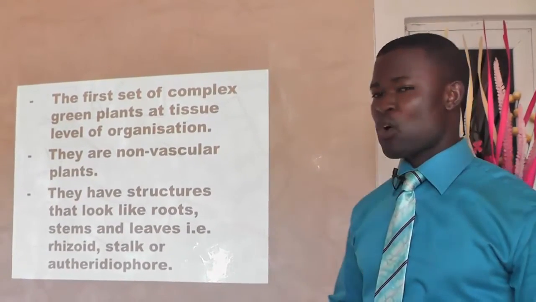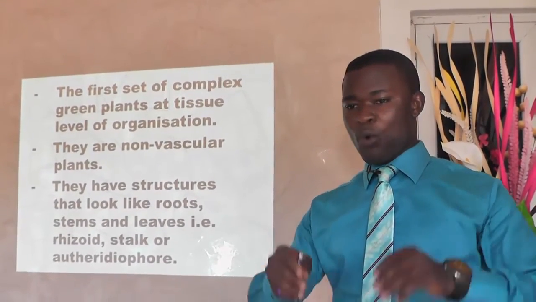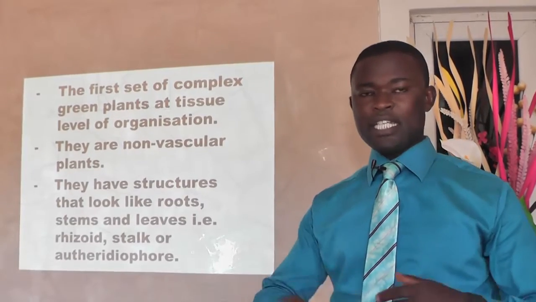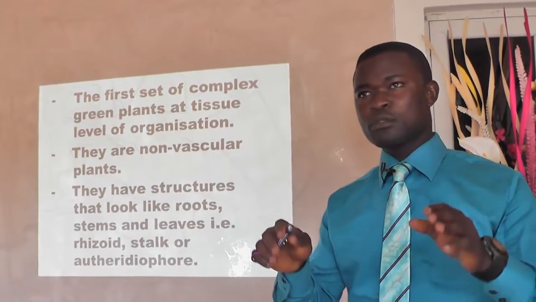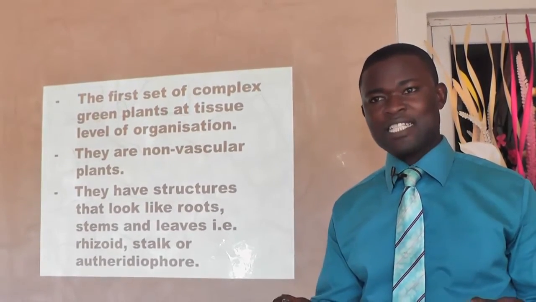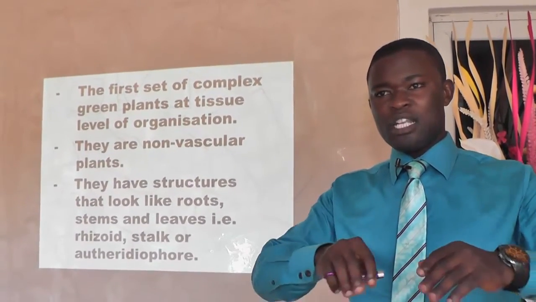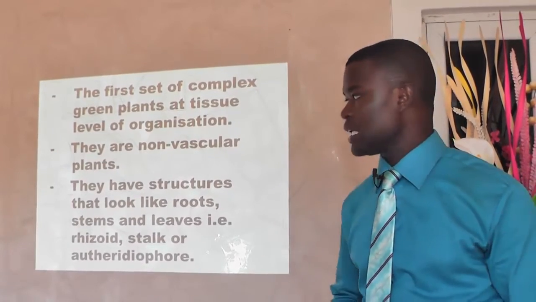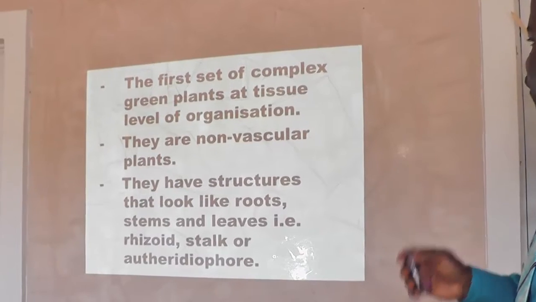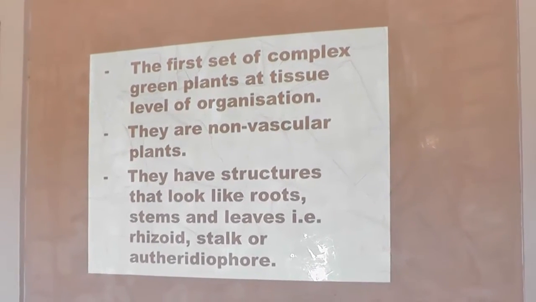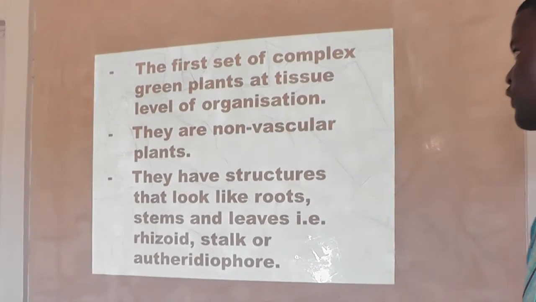These organisms are considered as aquatic plants. In fact, this is where we are introducing ourselves to the first group of plants that are actually living, some of them, on land. Now let's take a look at the characteristics generally. This is the first set of complex green plants that exist at the tissue level of organization.